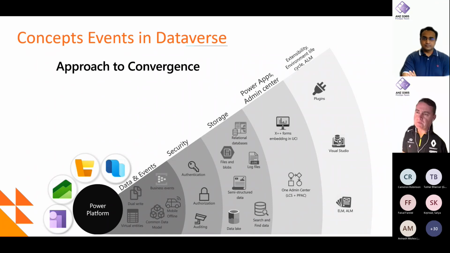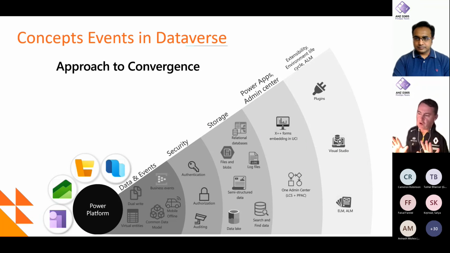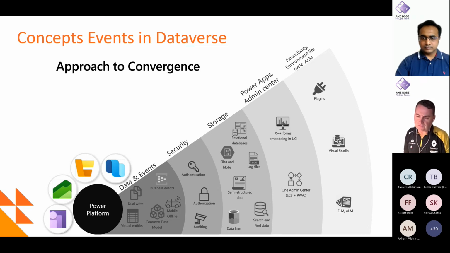So the reason I've gone through all of those, I just wanted to take a moment to pause and say, well, this is all great, all of this new technology coming along, but what is the purpose of it? I come back to a theme common across this series, which is this approach to convergence.